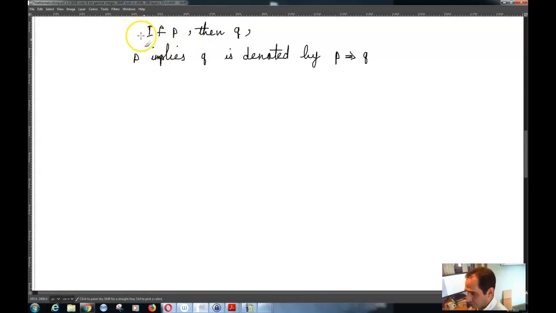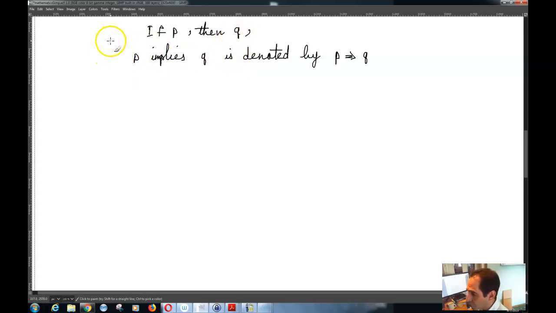P was a number is a multiple of 9, and Q was a number is a multiple of 3. So that's basically the same thing, but something like a definition.